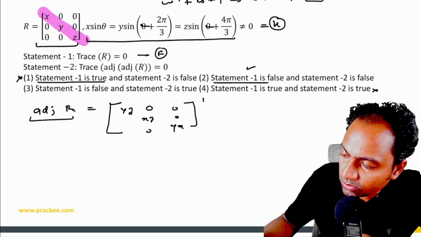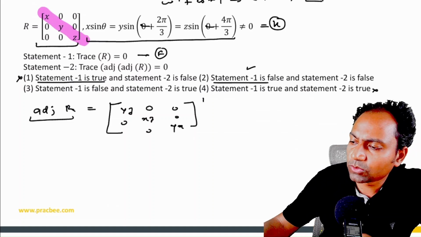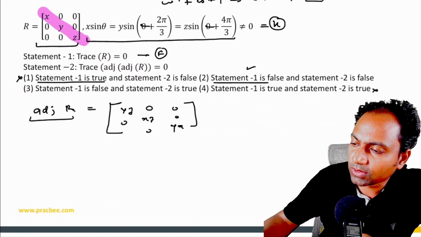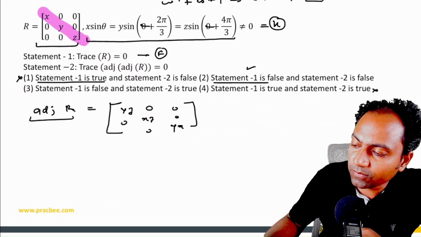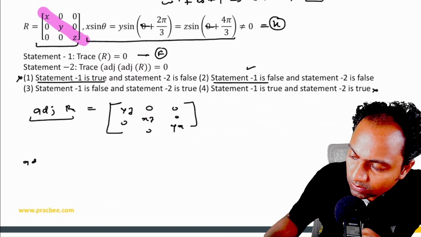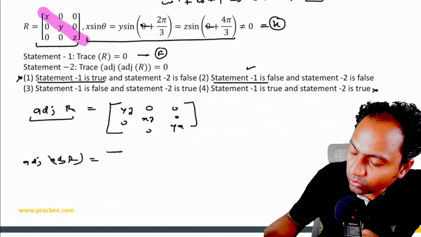This is 0 0 0. And if I take the transpose also, it will not change. So this is what the adjoint is. And if I again want to find the adjoint, I will have to do this process one more time.